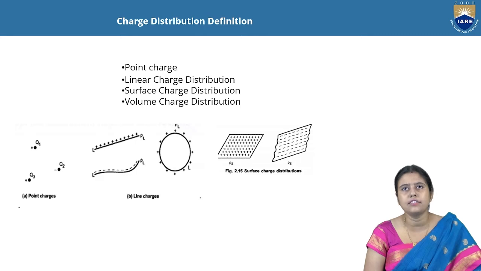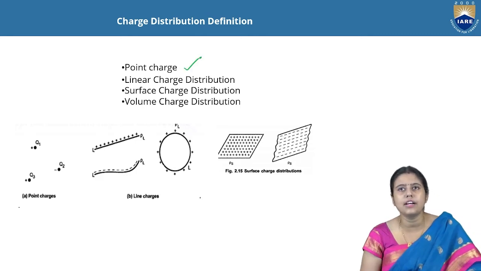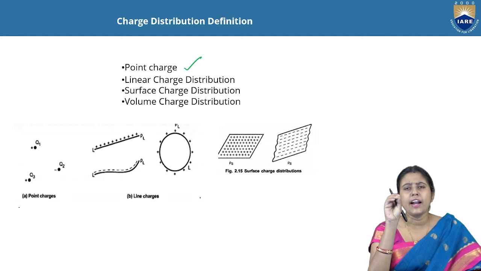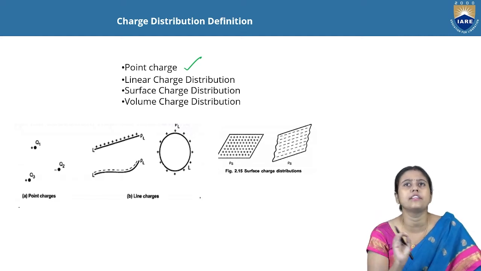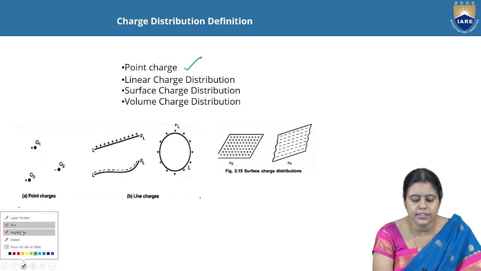One is known as the point charge. Whatever we have discussed till now is the point charge distribution. The charges are like particles at some distinct, discrete points, and this is known as the point charge. Q1, Q2, Q3 are the point charges.